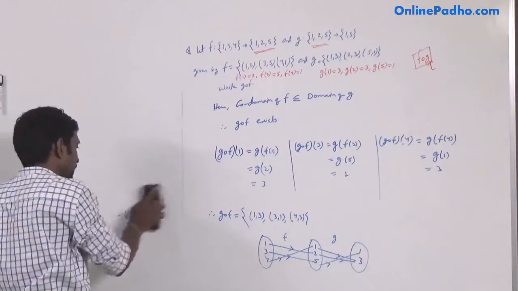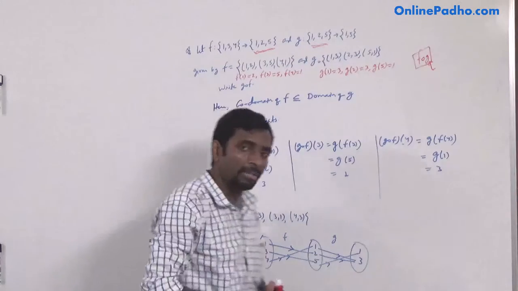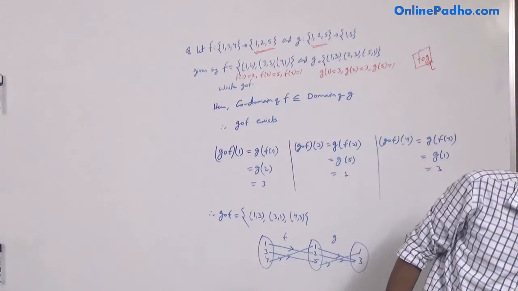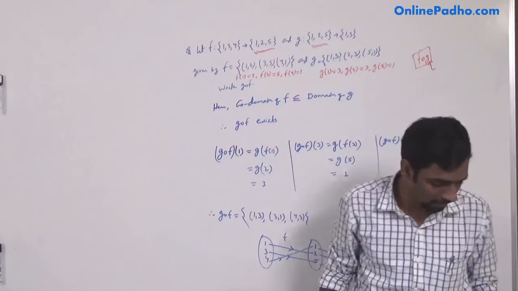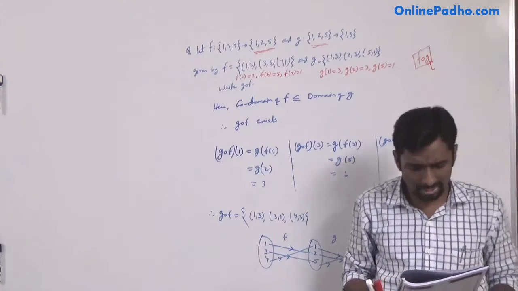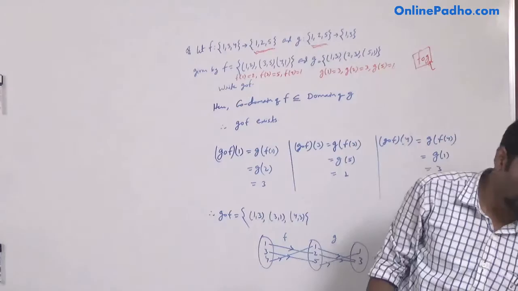So now you can find FOG and GOF, whether functions or ordered pairs are given. These are the composition of functions. Now you can also find FOF, no problem.